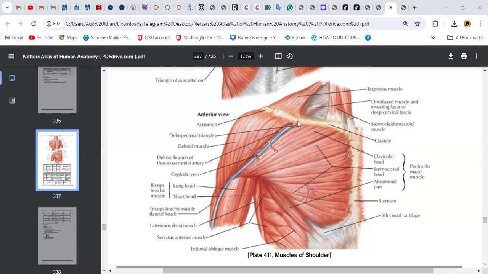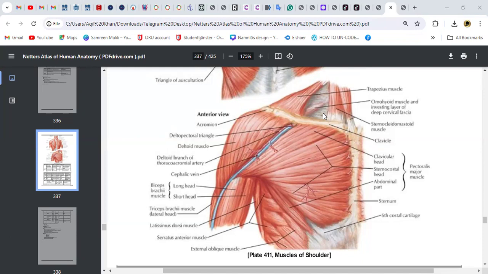So first of all, if you look at this, I want you to consider that all of these muscles are divided or categorized into superficial and deep, and extrinsic. Extrinsic muscles are those muscles which are responsible for the outer movement of the body, right?